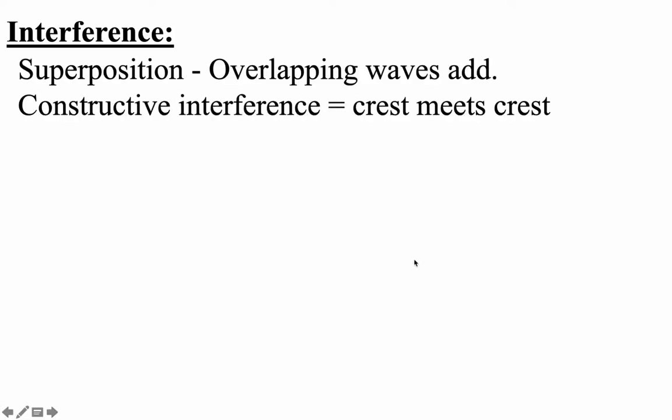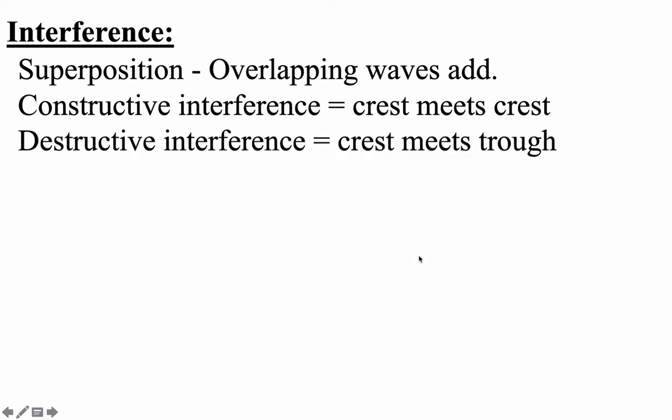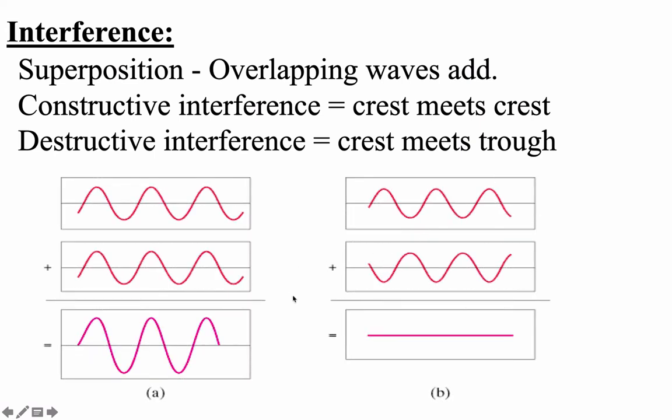Now, there are some rules, and obviously we need to get to some problem we can solve with this. So this is the basic idea: constructive interference is when crest meets crest and trough meets trough. Destructive interference is when crest meets trough or trough meets crest. Let me show you an example of this. Here we've got crest meeting crest, a trough meeting a trough. So we get a super crest and a super trough.